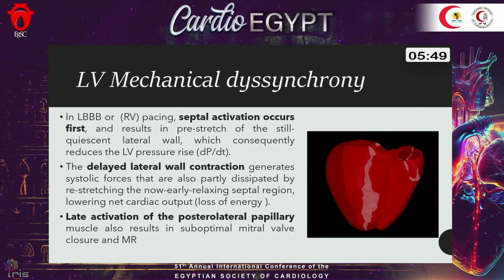This is LV mechanical dyssynchrony, in which septal activation occurs first, then delayed lateral wall contraction, which reduces the LV pressure rise and makes late activation of the papillary muscle, causing mitral regurgitation.